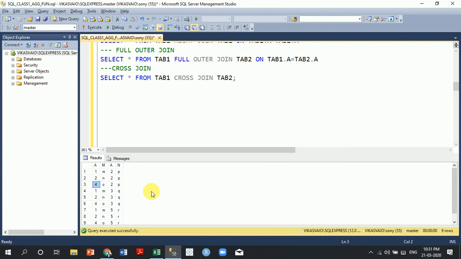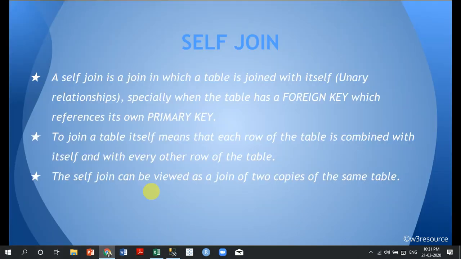Similarly 4o 2p, 4o 3q, and 4o 5r. Right. So with the help of this, you are getting the Cartesian product or the cross join of both the tables. Okay, so let's move ahead to our presentation.